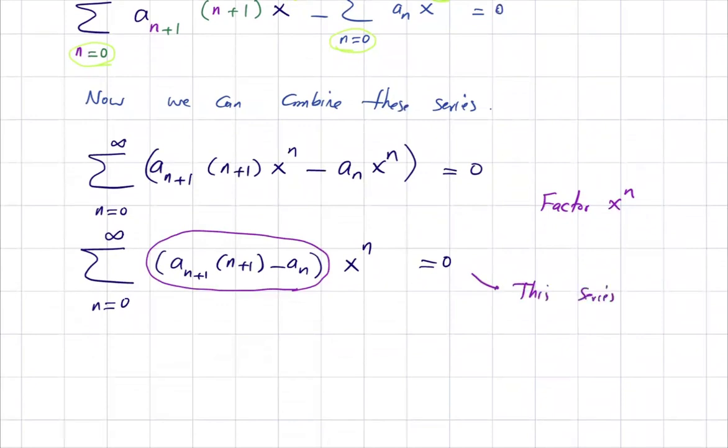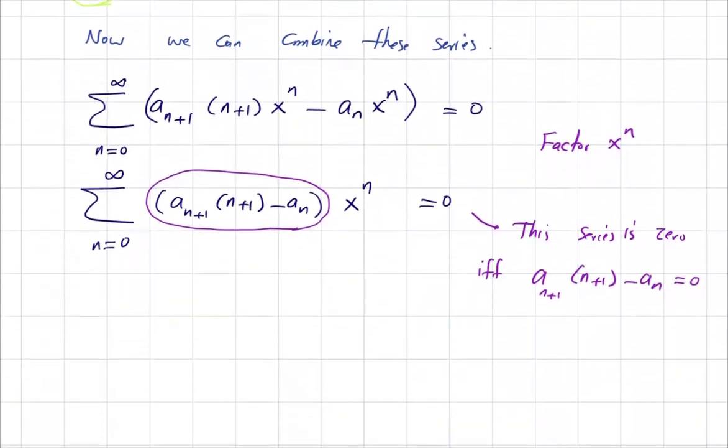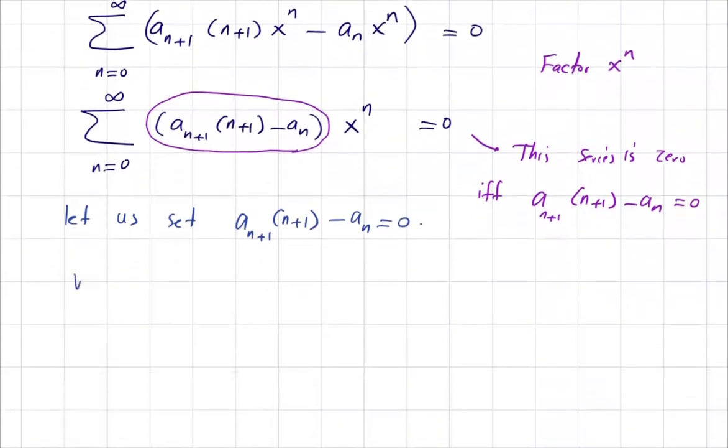This series is 0 if and only if a_(n+1) times (n plus 1) minus a_n is equal to 0. That's how we can find a recursive relation here. Let us set a_(n+1)(n plus 1) minus a_n equal to 0.